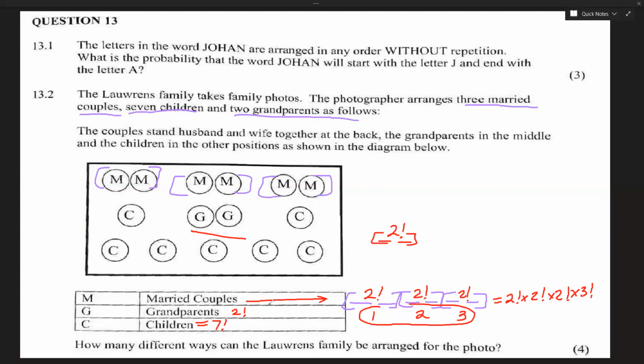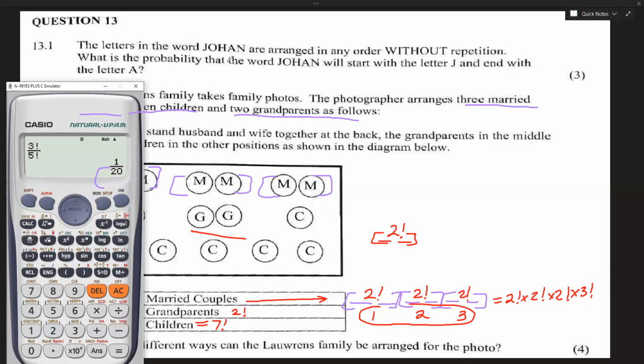And then we just have to add this, that and that together. Let's do that on a calculator quickly. So I'm starting with the couples: factorial 2 times factorial 2 times factorial 2 times factorial 3.